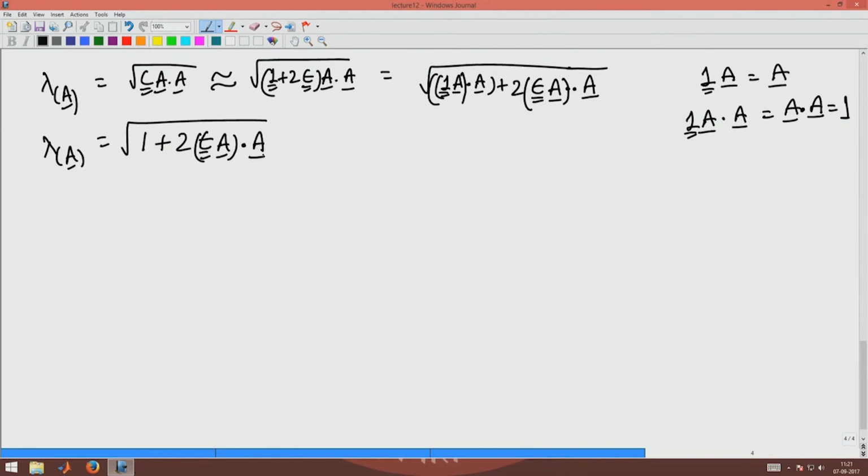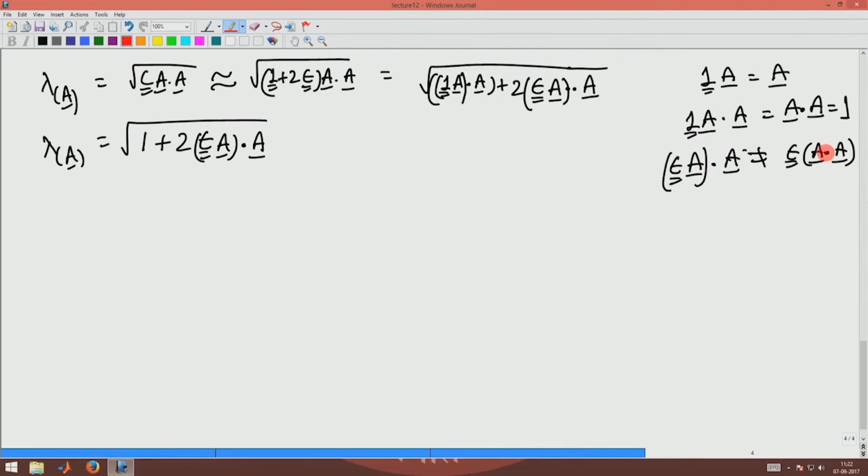Okay. Now, you have to remember that 1 times epsilon of A dotted with A is not equal to epsilon A dotted with A. This will be a tensor quantity, whereas this will be a scalar quantity, because this is a second order tensor acted upon by a vector, gives you a vector, dotted with a vector will give you a scalar value.